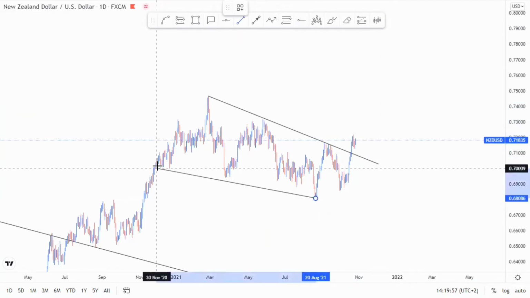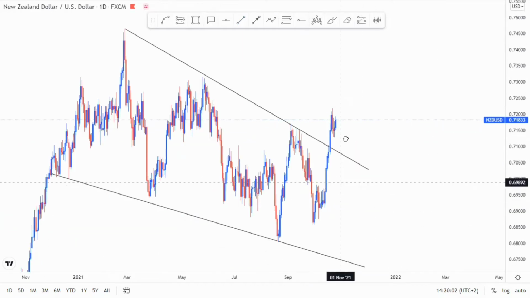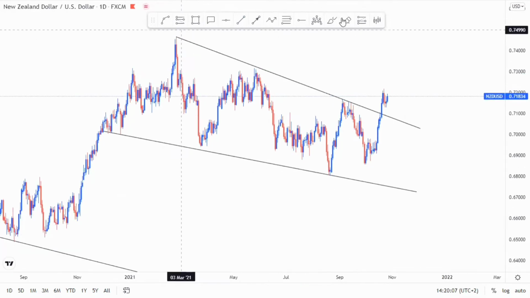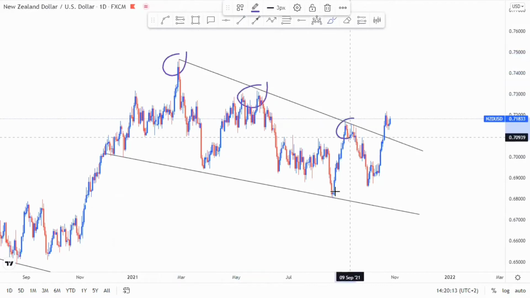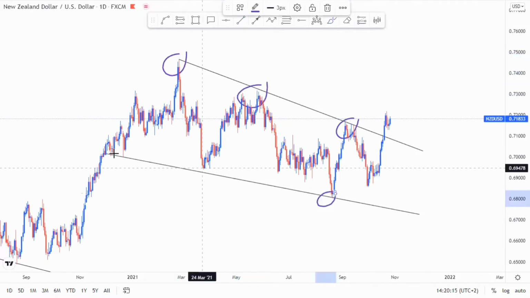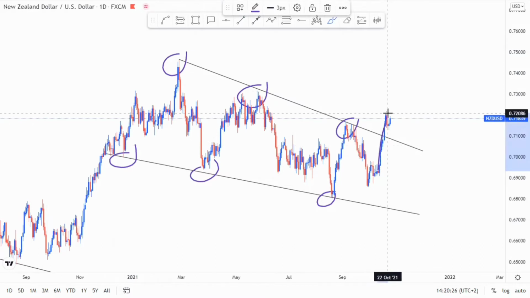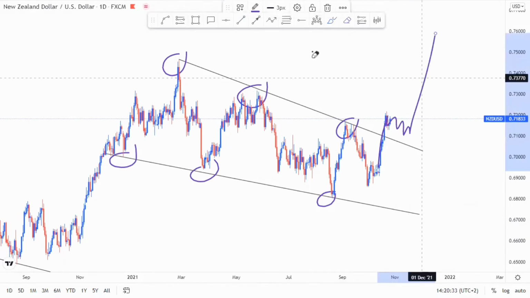As you guys can see, we have one touch over here, one touch, two touch, third touch, one touch, two touch, third touch. So we have touches on both sides of the pattern, and we have an impulsive break like you guys saw on the 1 week time frame. Now we're looking for a continuation pattern, then an impulse again to go to the upside to confirm that we are bullish.